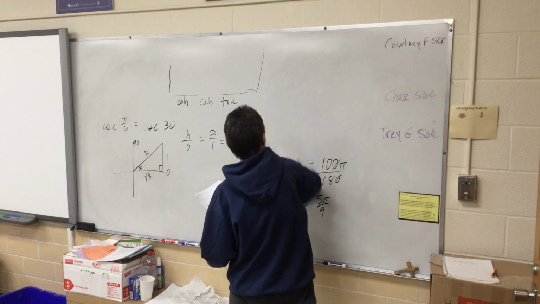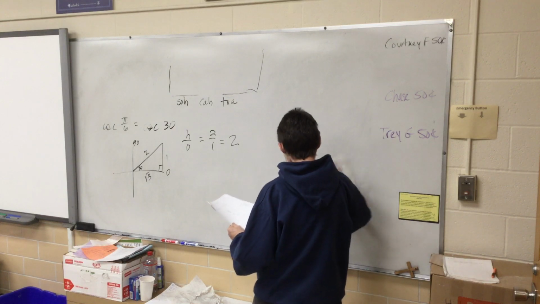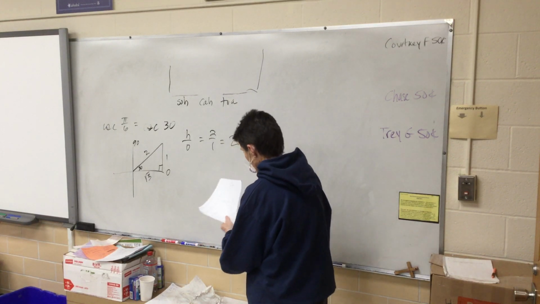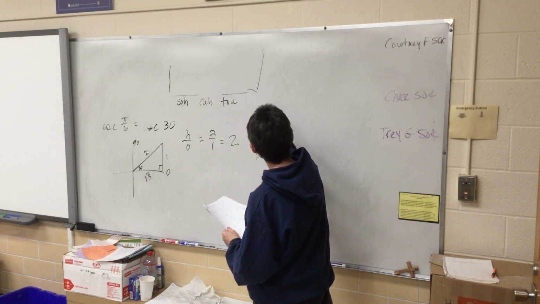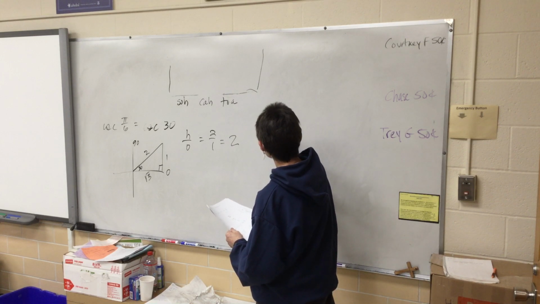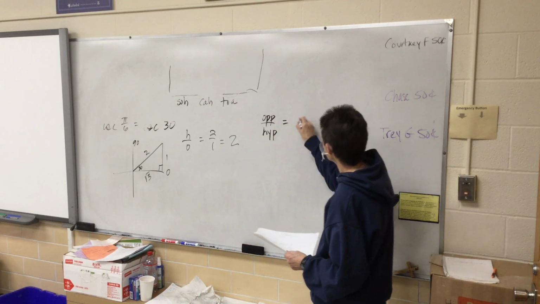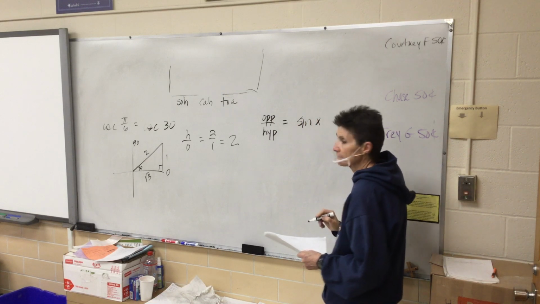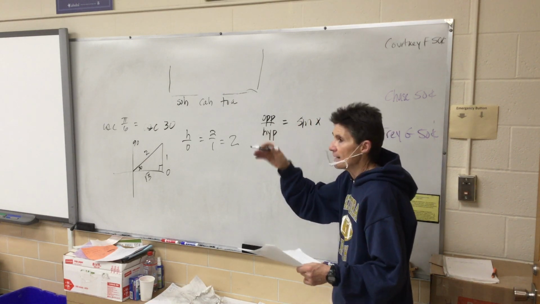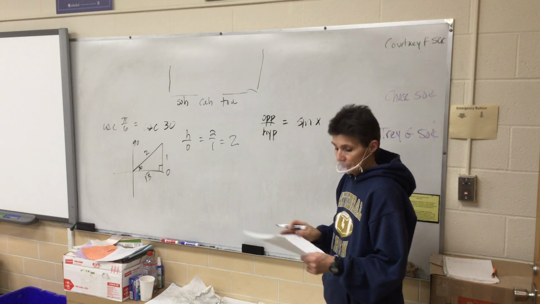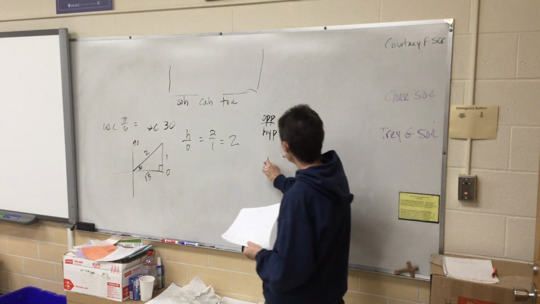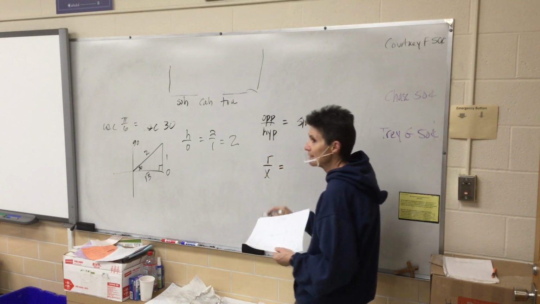Number 11 is a check of your memorization. So opposite over hypotenuse is which function? Sine. So sine theta, okay? How about r over x? That's a tricky one.